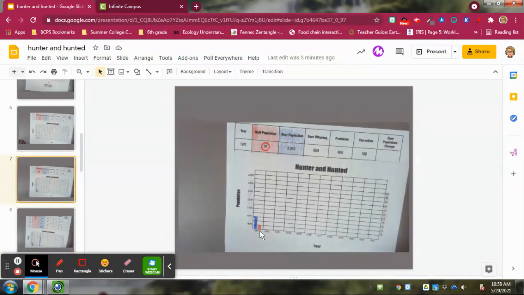Okay, so I'm going to look at these numbers. On the left-hand side, it says 2,000. So I'm going to go all the way up to 2,000, and I'm going to make my little bar. So now I can tell in 1971 the deer population and the wolf population. You will do this all the way until 1980.